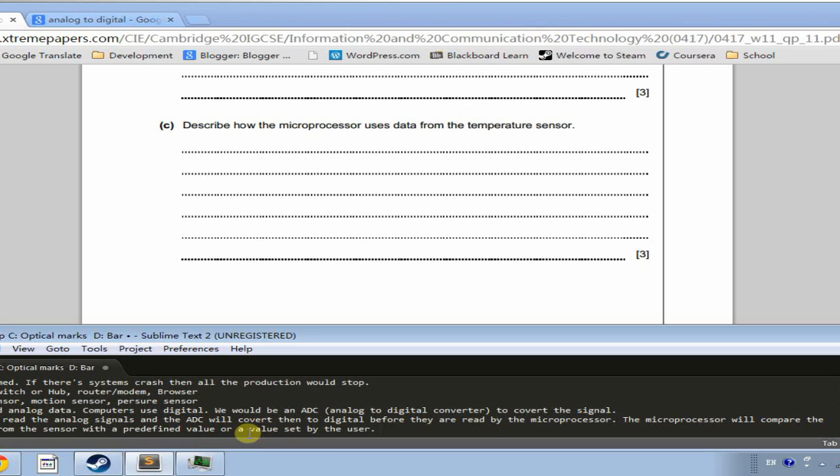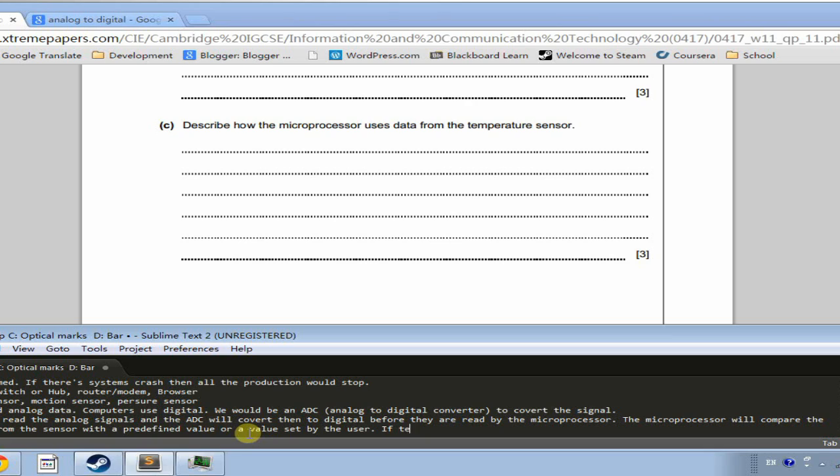So if the user has said, I want the temperature to be 60 degrees, so that's way too hot, but if I want the temperature to be, for example, 30 degrees when I'm washing my clothes, then it will compare the sensor value with the value that the user wants.